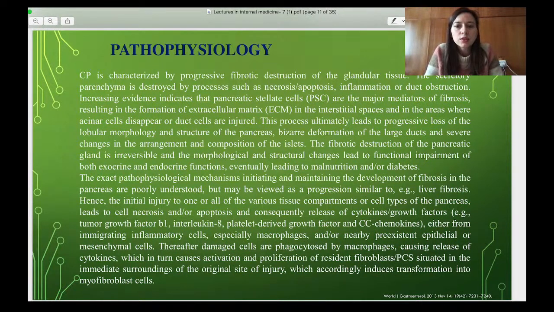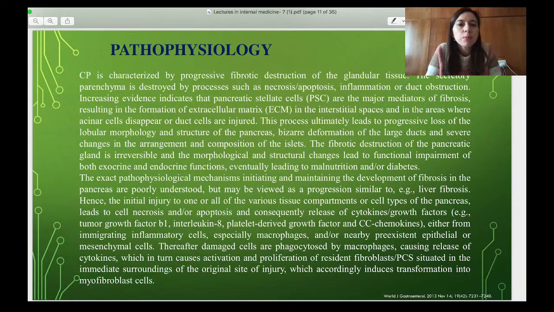The fibrotic destruction of the pancreatic gland is irreversible, and the morphological and structural changes lead to functional impairment of both exocrine and endocrine function, and may lead to malnutrition and diabetes.